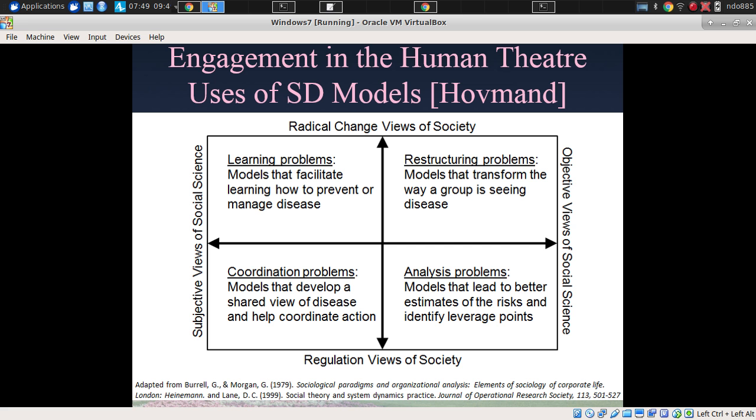At the same time, there are some models and some projects that focus on, well, more objective views of the situation. How do we figure out the right policy, the policy that will yield the greatest gain in terms of cost effectiveness? I did some of my earliest health modeling work with system dynamics models for cost effectiveness, and I still play quite a bit in that space with both agent-based and system dynamics models.